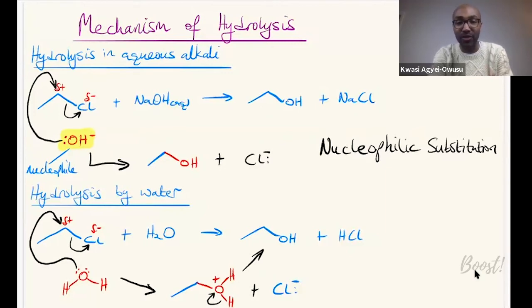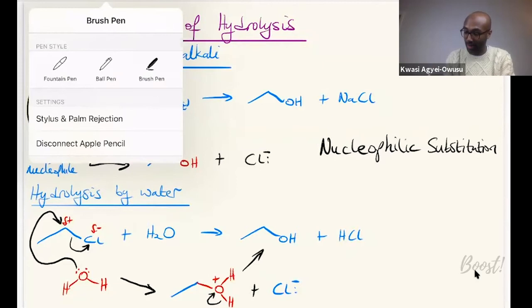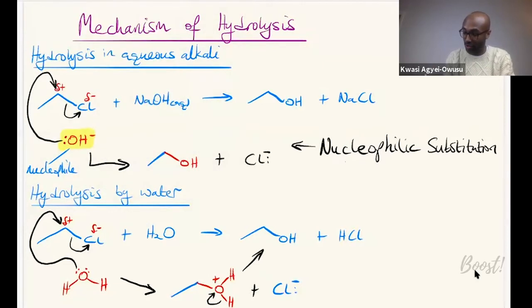So again, you've got a nucleophilic substitution mechanism for both of these. The difference between the two is that if you have a neutral nucleophile, then you will have a second step where you've got a positively charged intermediate, and that positive charge then has to be quenched.